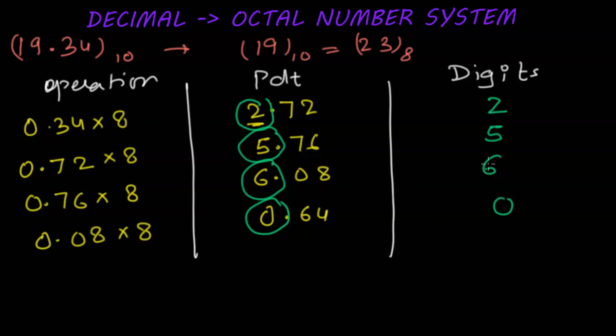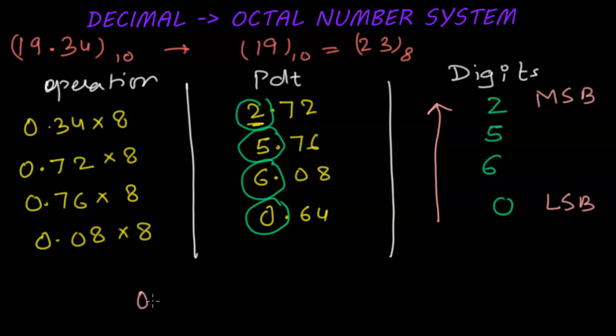So again, the point to be noted over here, how it is going to be different is when we were converting 19, we took the first digit over here as LSB and then MSB. But now we're going to be doing the opposite. So we have 2 as my MSB and 0 as my LSB. So we're going to be writing from top to bottom like this.